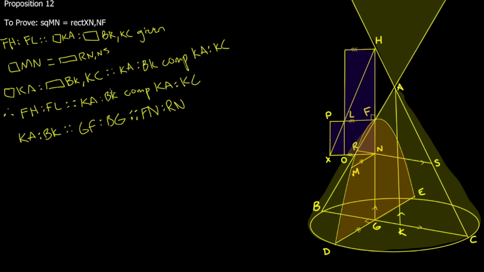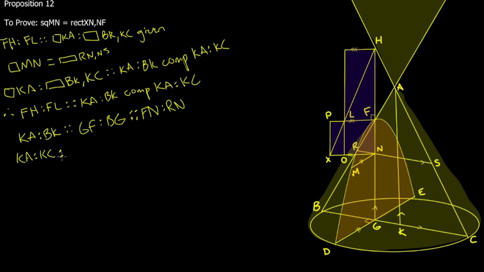So we found terms that we could substitute with these. Now let's look at these two. So let's copy KA to KC. Well, this is also similar to the triangle HGC because AK was constructed parallel to HG.